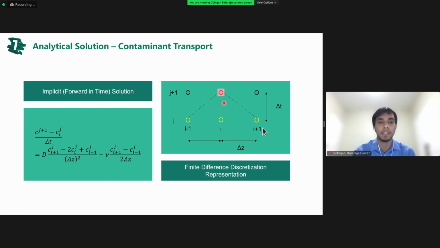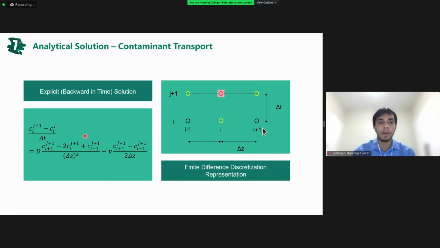That means the boundary condition would be looking back into the previous time level, which does not agree with physical laws. Now, to counter this, we would take it a step further as an implicit solution where the boundary conditions are considered in each level of the solution that we are looking for.